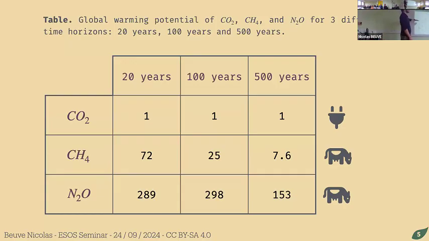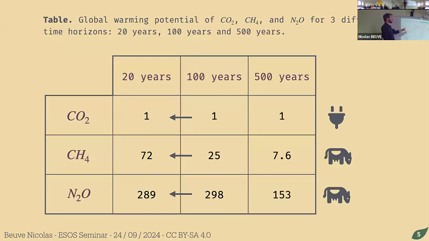And if I show you the sector in which those gases are the most emitted, for CO2, it's energy production, and for methane and nitrous oxide, it is livestock. You can see that by computing the global warming potential over 20 years instead of 100 years, you increase a lot the impact of methane, and you decrease very slightly the impact of nitrous oxide, while keeping CO2 unchanged.